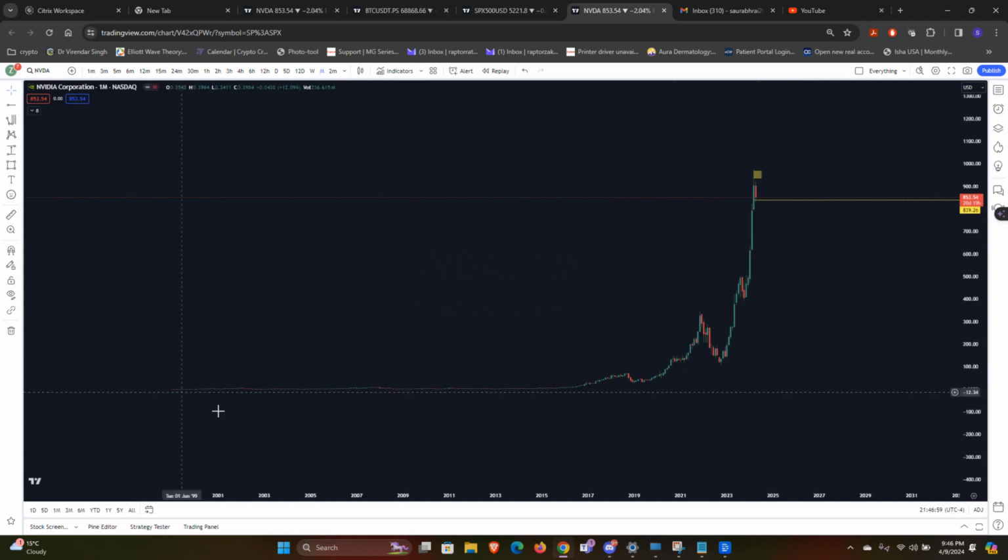This is very hard to see when we look at a chart of an asset like we see here for NVIDIA. You can see for a very long time there is almost no movement, but after a point we suddenly see these gigantic moves.